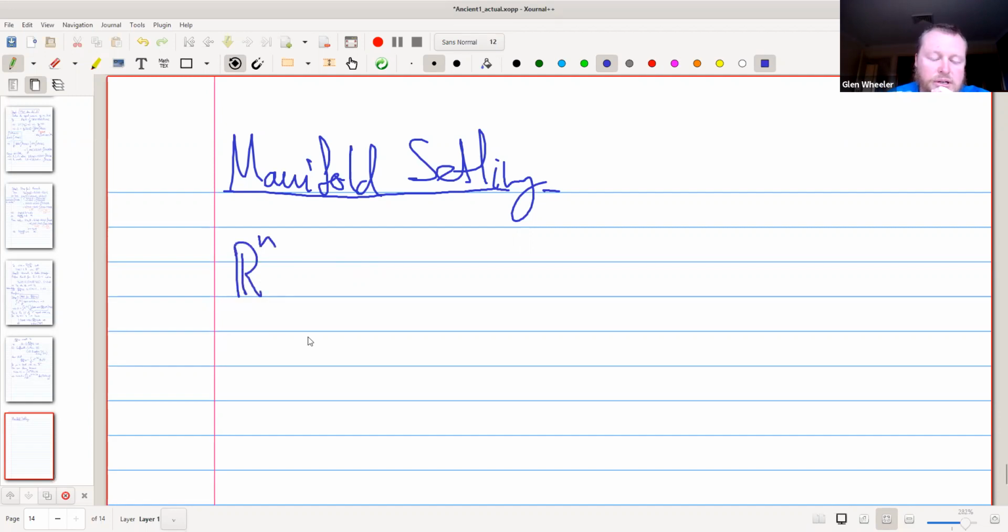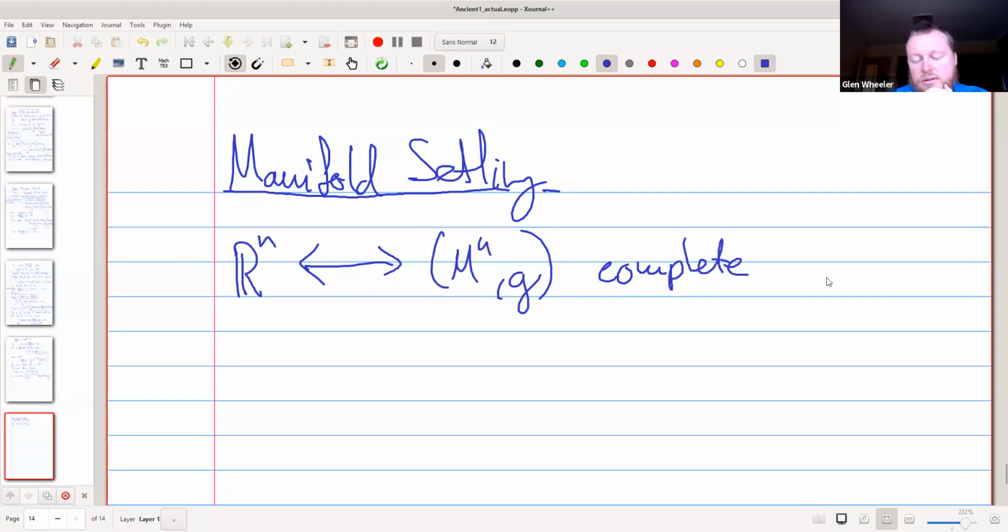We were in R^n, and we want to replace R^n with a manifold (M^n, g). The simplest thing that we could do, or at least the most straightforward one, is to assume it's complete, non-compact, non-negative Ricci, and then you get Li-Yau working, which is great.